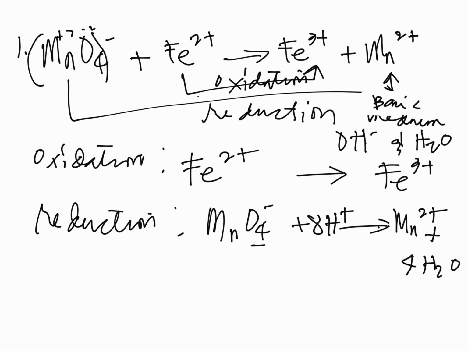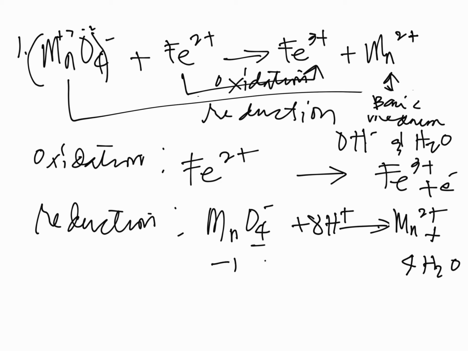The next thing that you're going to do is balance the electrons. Fe2 plus becomes Fe3 plus, so you're going to add 1 electron on this side for Fe3 plus, because 3 plus minus 1 is 2 plus. For reduction, MnO4 negative, you need to total all the charges.